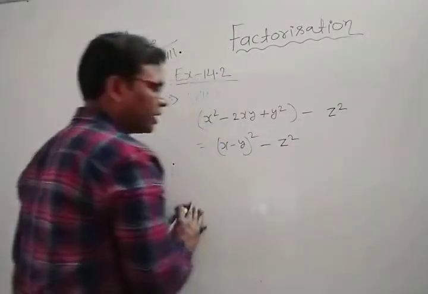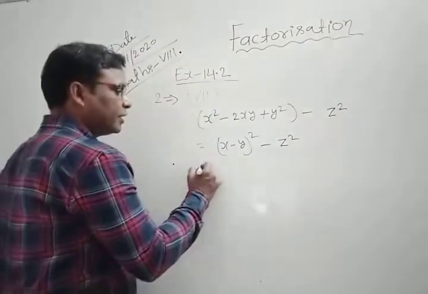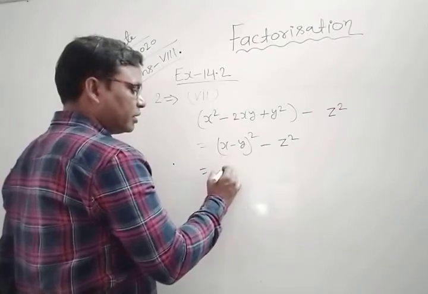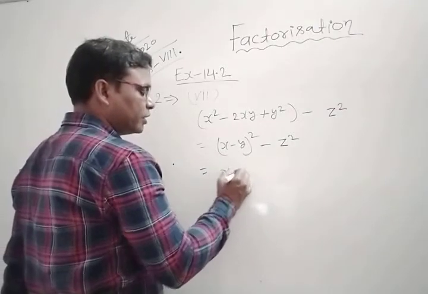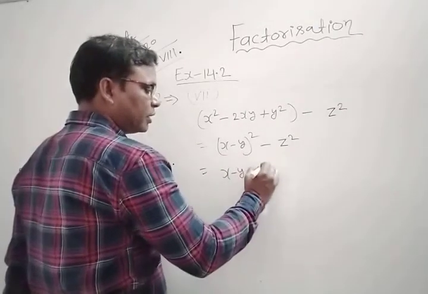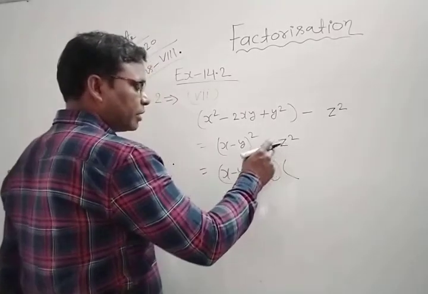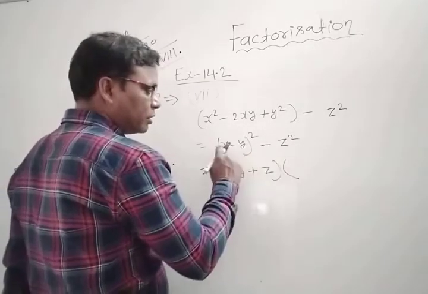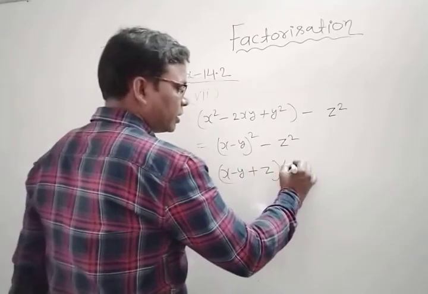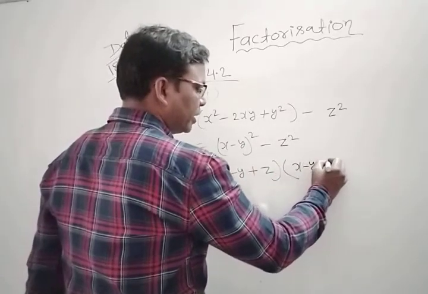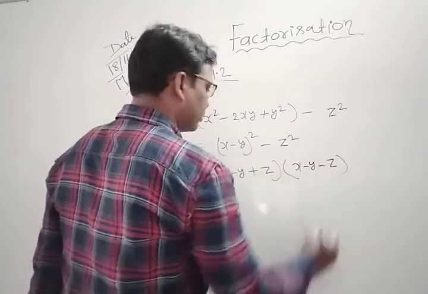So also you can write it. If you apply the third identity, you can write it: in the first bracket, a plus b, where a is x minus y and b is z. Now in the second bracket, a minus b, where this is a and this is b, so you write x minus y minus z.